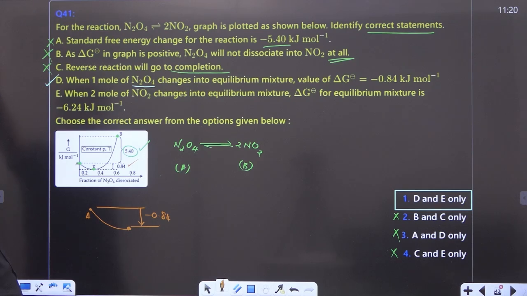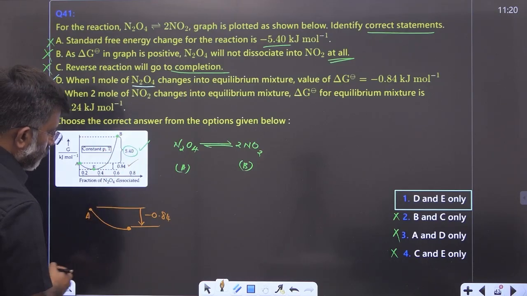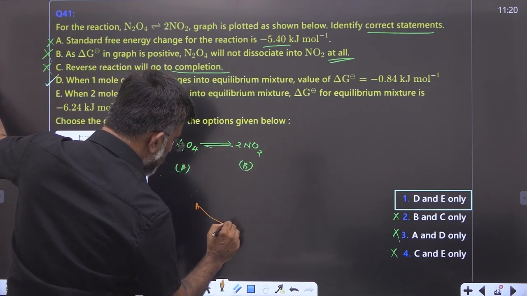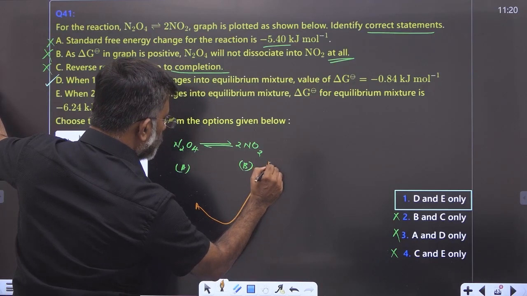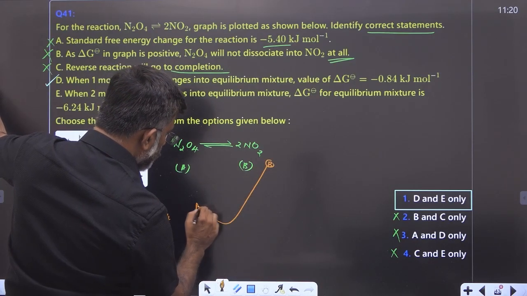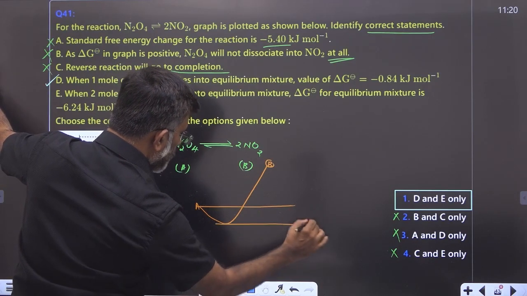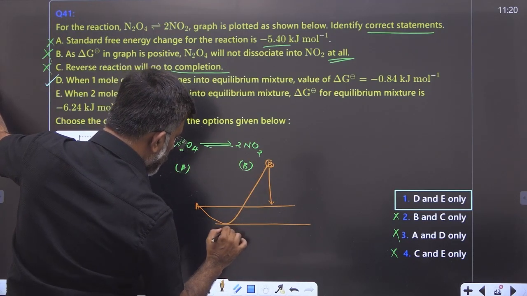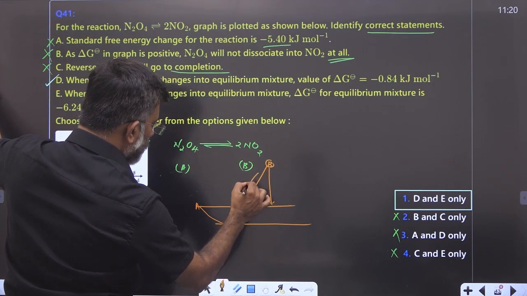Now E: when 2 mole NO2 changes into equilibrium mixture, the delta G is minus 6.24. B comes to equilibrium. You see, this is A point. It's coming like this. This is B point, right? And you see this much. B comes to equilibrium. It's dropping here.